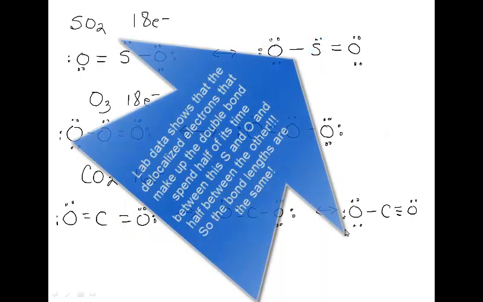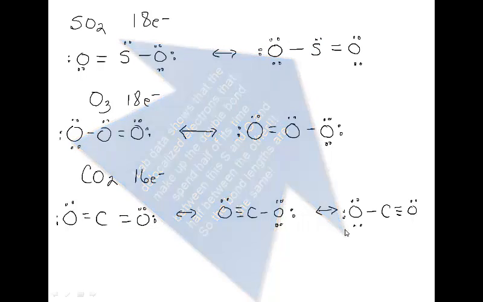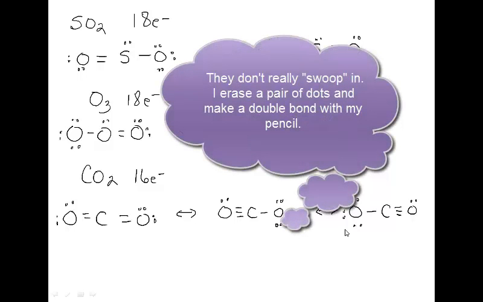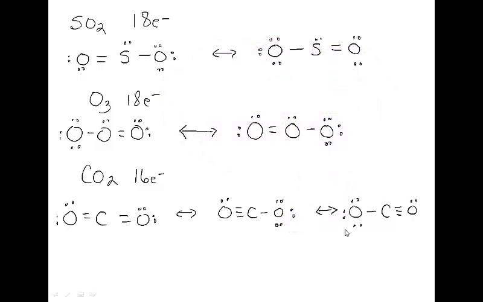All right, so here are 3 examples of resonant structures. Notice that there are at least 3 atoms in each structure. Also notice that each one of them has a double bond in some way, shape, or form. That means I came up short on the central atom and had to have a pair of delocalized electrons swoop in and make a double bond. SO2 is the first one.